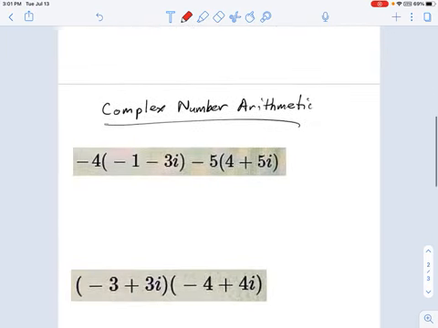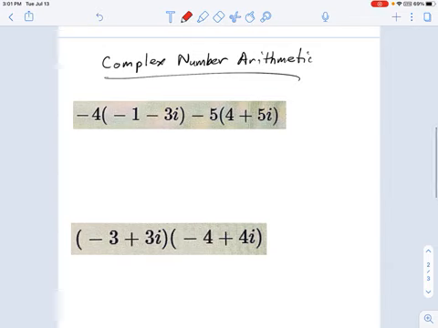Now, complex number arithmetic is really very simple. If you know regular arithmetic, you just treat i like it's a variable, like x or something. So in this example, I'll say negative 4 times negative 1, that's positive 4. Negative 4 times negative 3i is positive 12i. Negative 5 times 4 is minus 20, and negative 5 times positive 5i is minus 25i. So that's pretty good.